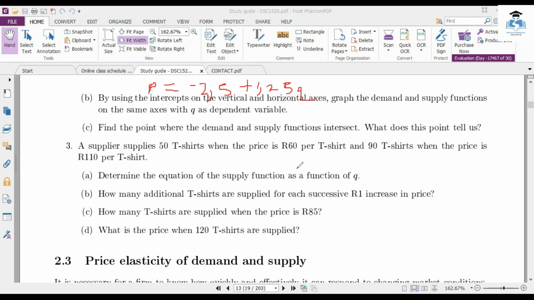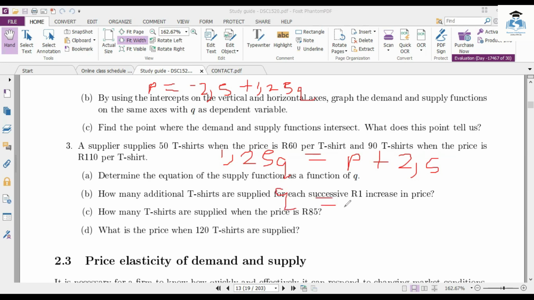So you want to remain with Q on this side. So this one will go there, so it will be 1.25Q is equal to P plus 2.5. Then you divide by 1.25.